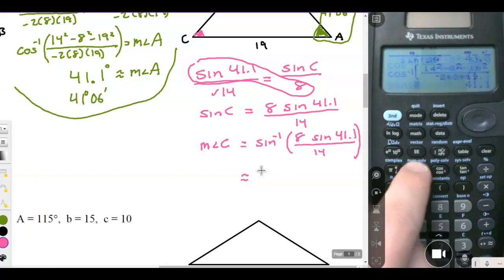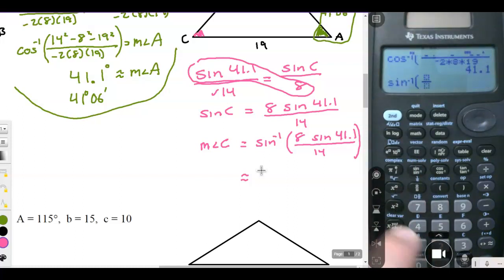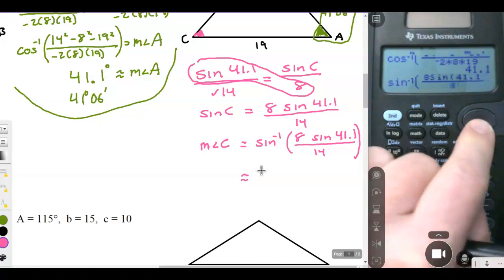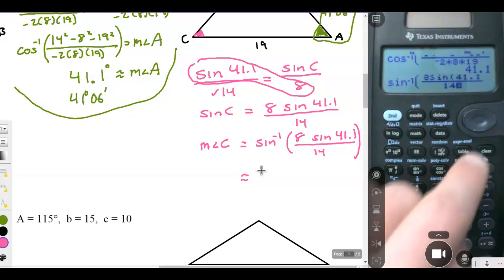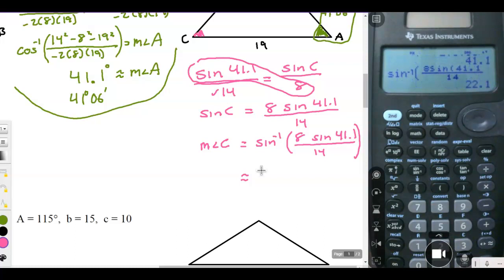So we have arcsine fraction 8 sine 41.1 all over 14. And we get 22.1.